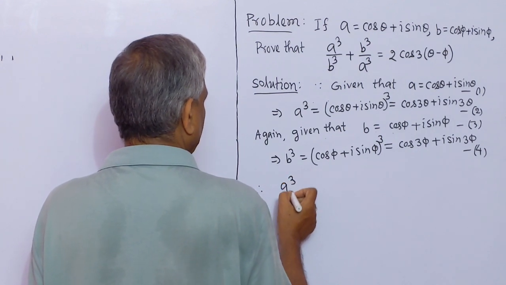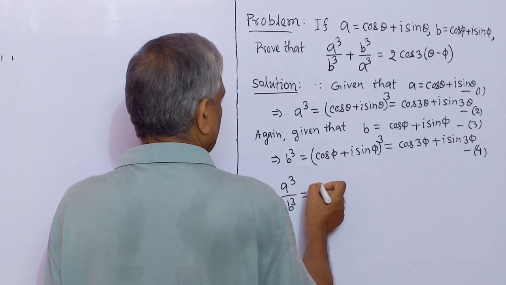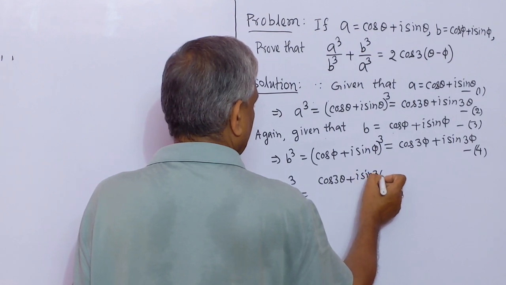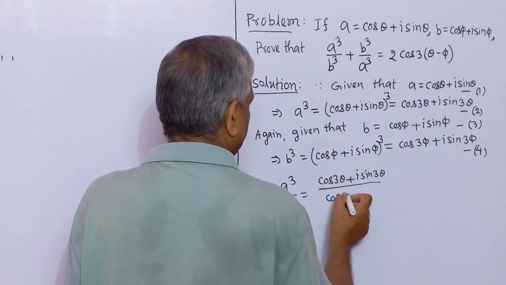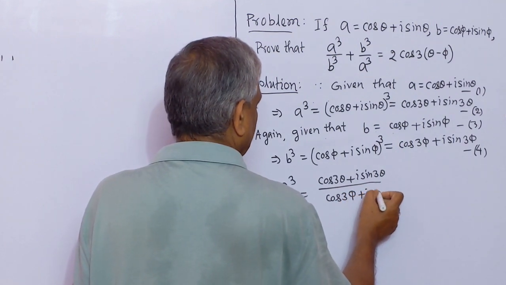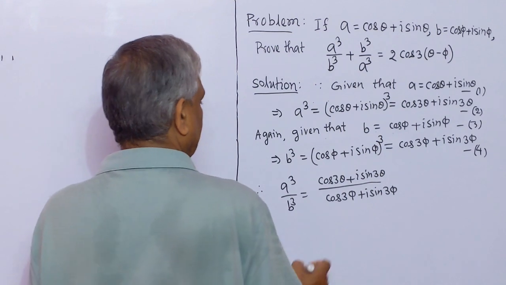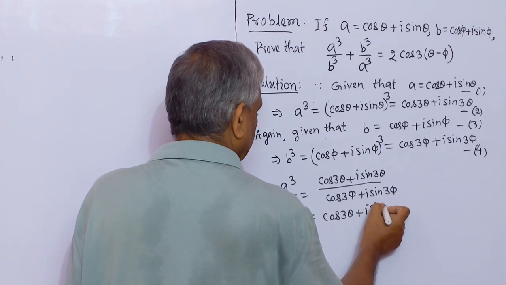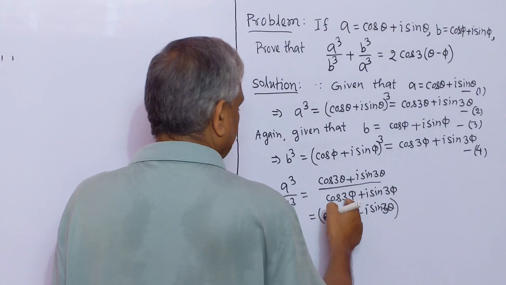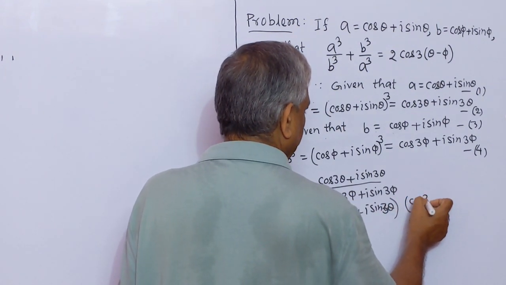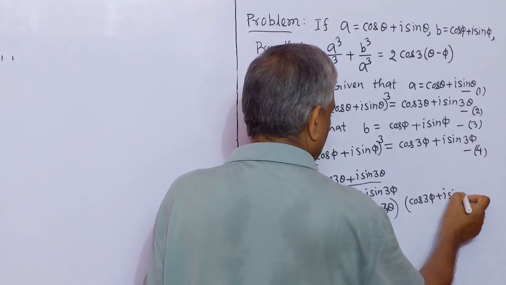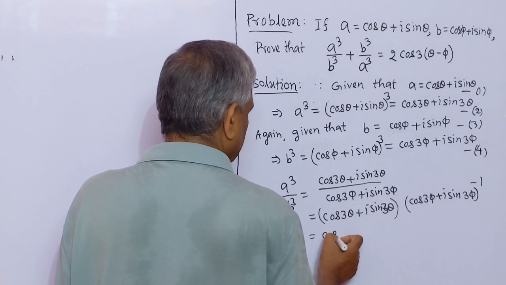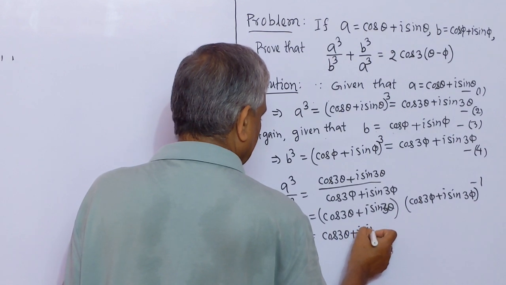Therefore, a cube by b cube equal to (cos 3 theta plus i sin 3 theta) by (cos 3 phi plus i sin 3 phi), and this will be equal to (cos 3 theta plus i sin 3 theta) times (cos 3 phi plus i sin 3 phi) to the power minus 1.